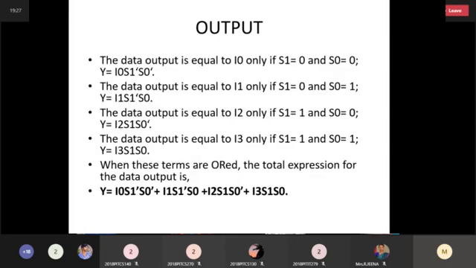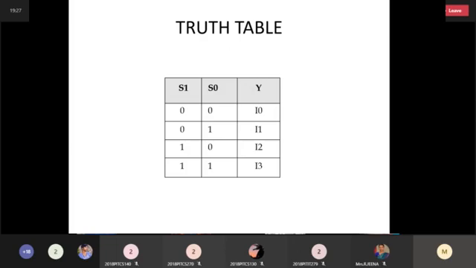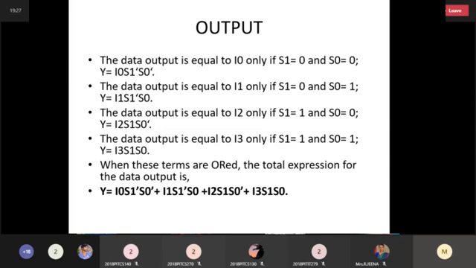So I0 into S1 bar into S0 bar. Next, I1 into S1 bar S0, I2 into S1 S0 bar, I3 into S1 S0. At last, all the AND gate outputs are ORed.